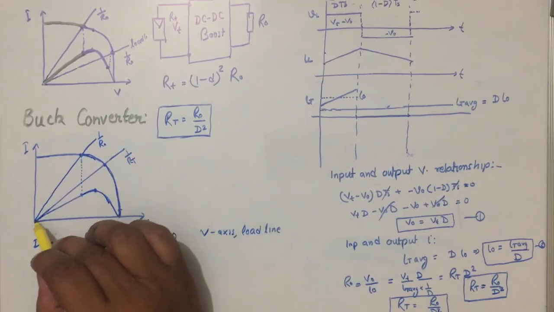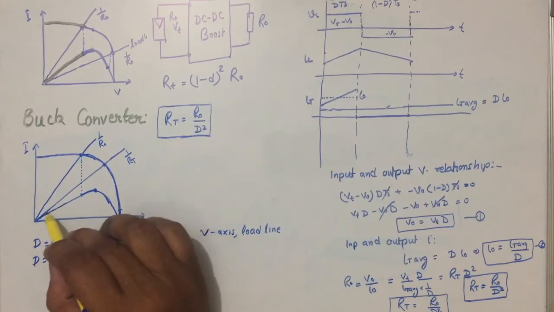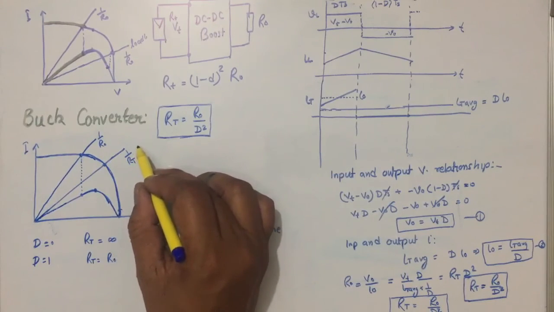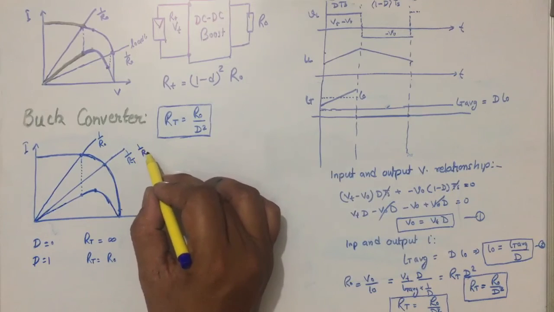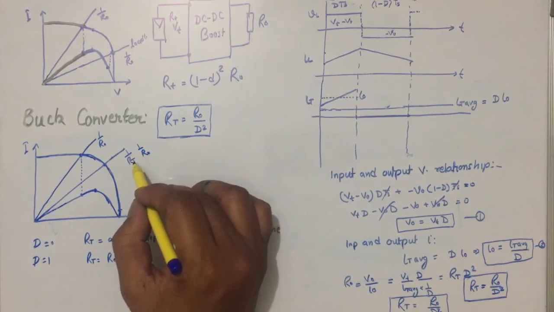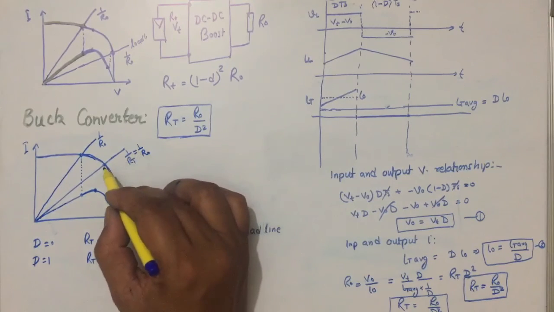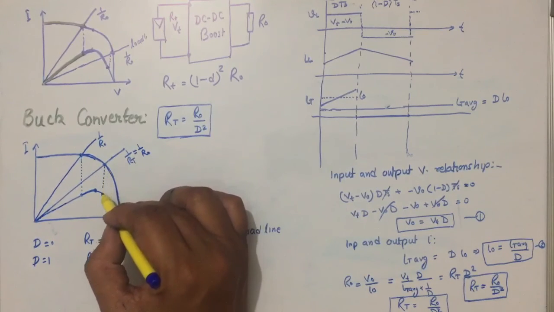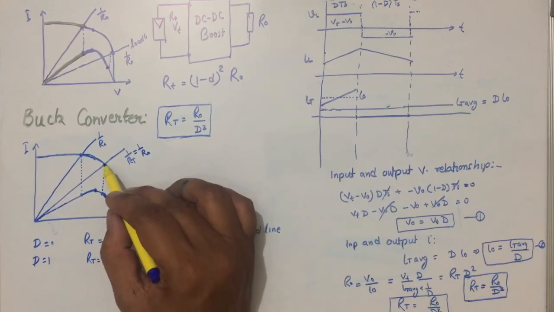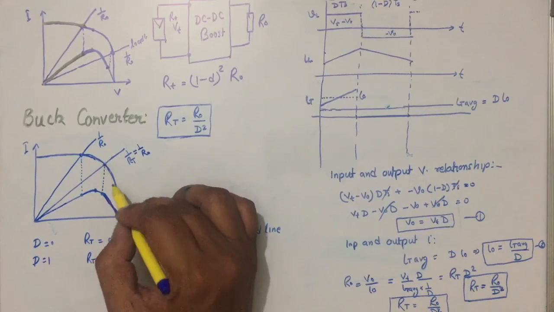But if the load line comes like this, in this case 1 by RT will be equal to 1 by R naught at d is equal to 1. If already R naught is equal to RT here, then this will be the point of operation, the corresponding power can be here, and only this power can be controllable, as the operation point can vary from here to here.